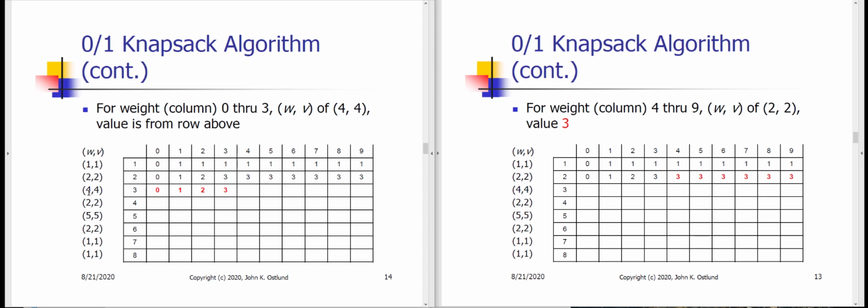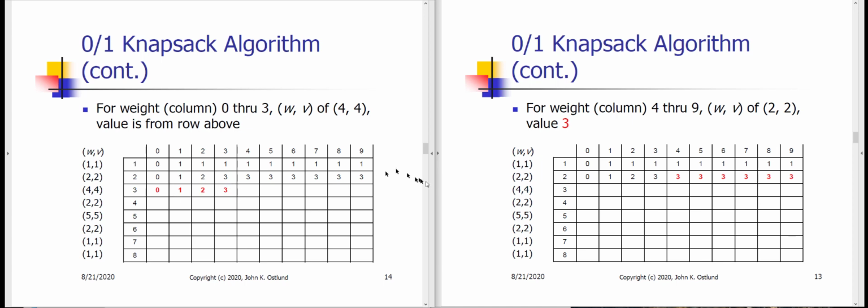Moving on to the third item here, whose value and weight are 4. Well, going up to and including a remaining weight of 3, the best we're going to be able to do is to copy down the values from the previous row.